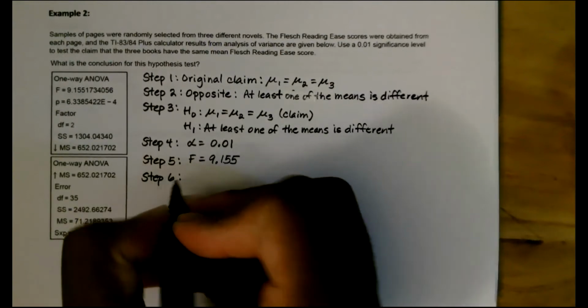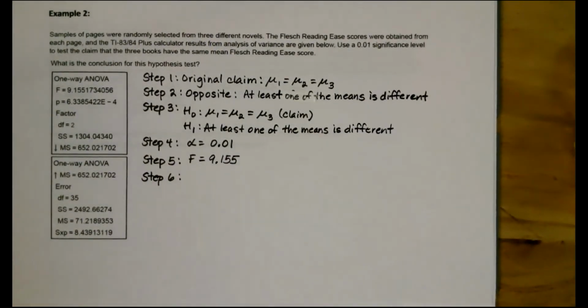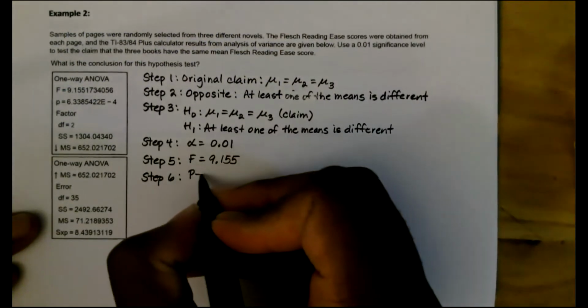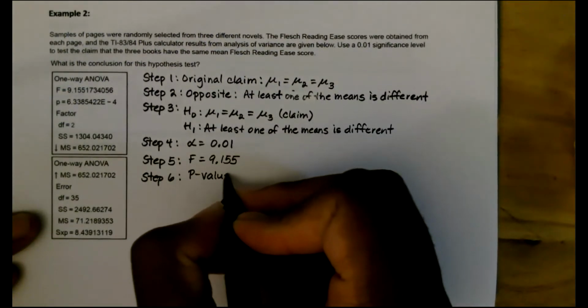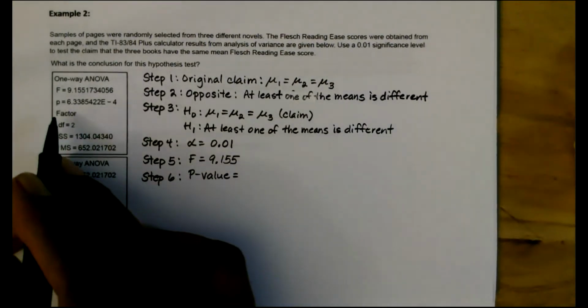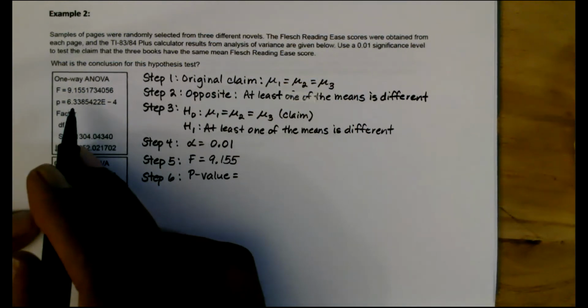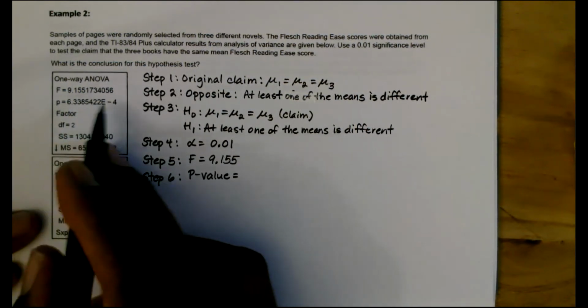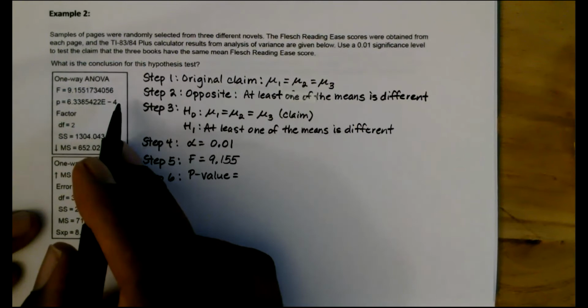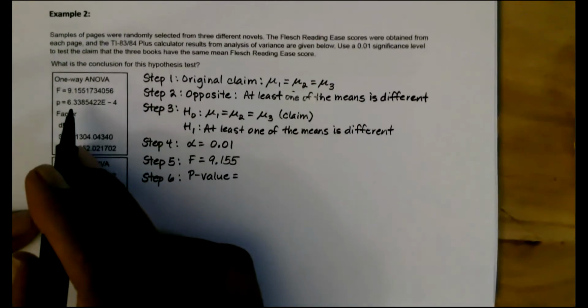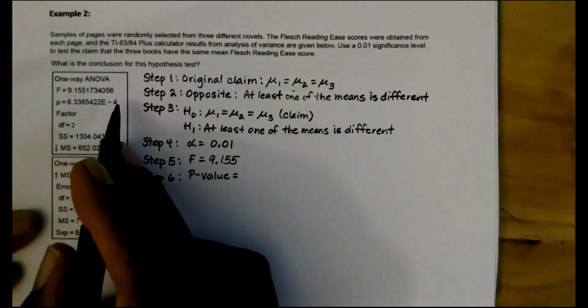That's the test statistic. Now, step number 6 is your p-value. We can get that from this display right here. Notice what your p-value reads. It's got 6.338 and so on times e to the negative 4. If you recall, this is scientific notation. That's this value times 10 to the negative 4.